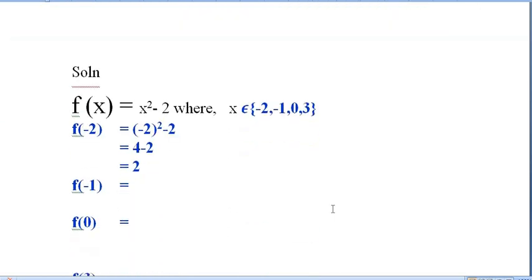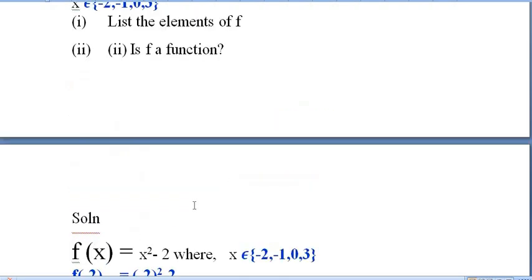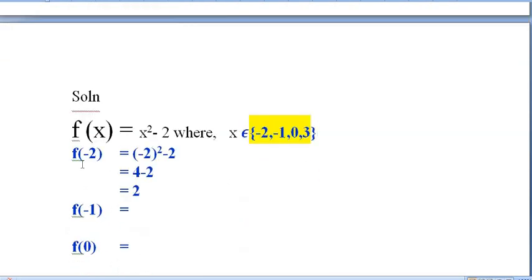First question, f of x equal to x squared minus 2, where x belongs to minus 2, minus 1, 0, 3. The x values they have given are minus 2, minus 1, 0, 3. So these values we are going to use here.